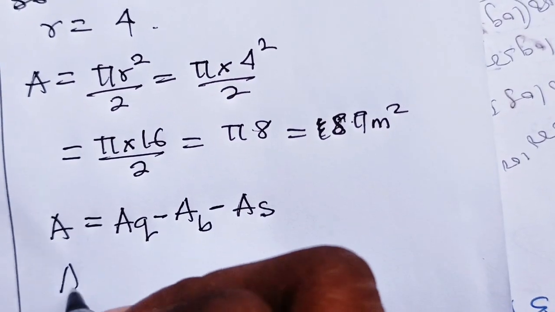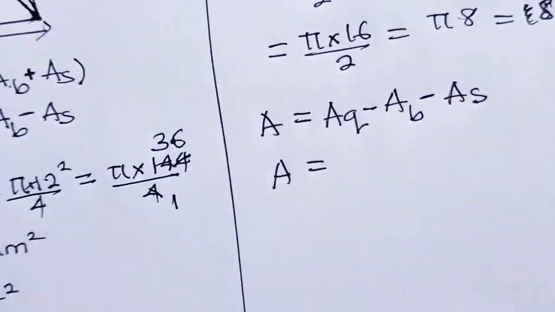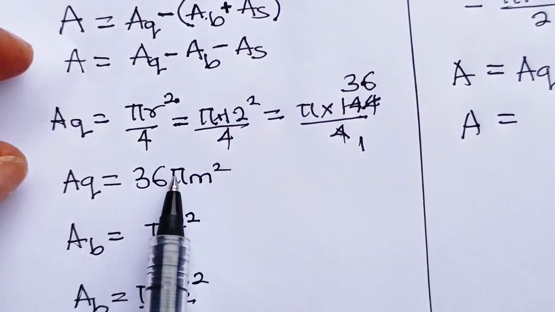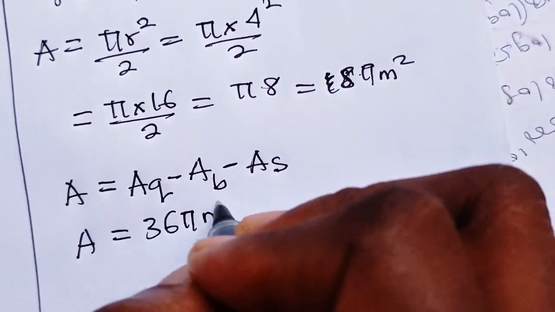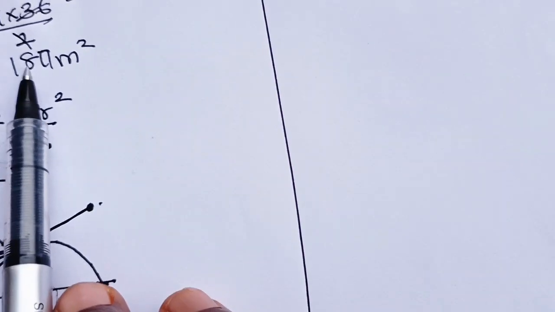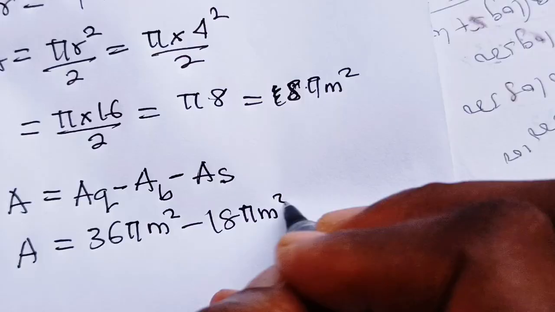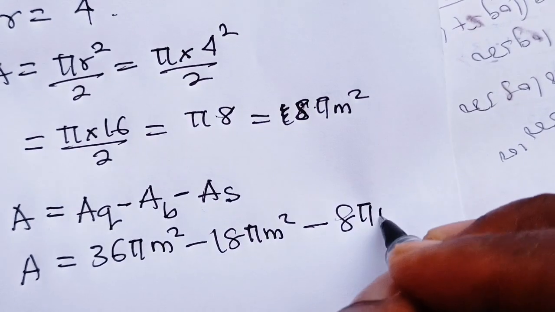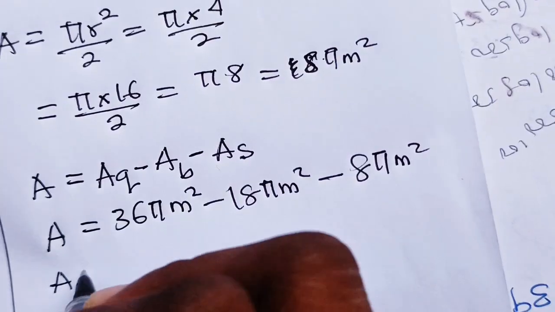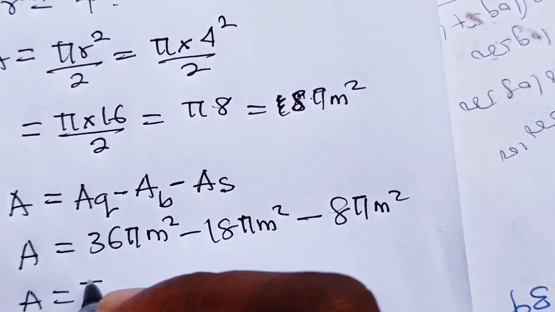So the area should be equal to the area of the quadrant, which gave us 36 pi meter squared, minus the area of the bigger semicircle, which gave us 18 pi meter squared, and the area of the smaller semicircle, which gave us 8 pi meter squared. So the area of the shaded portion should be equal to, let us factorize pi out, right?